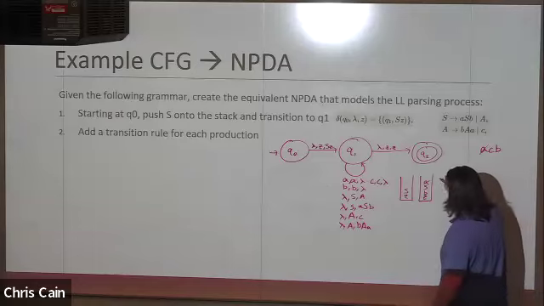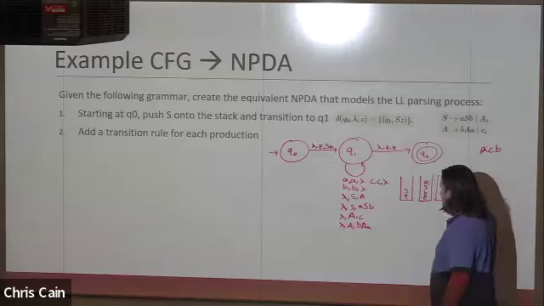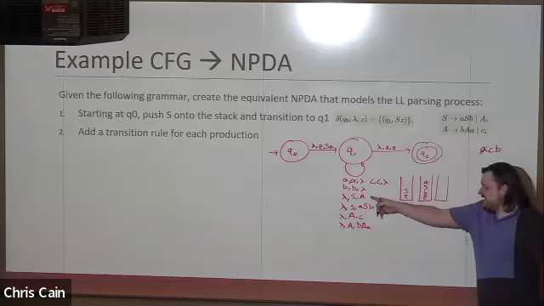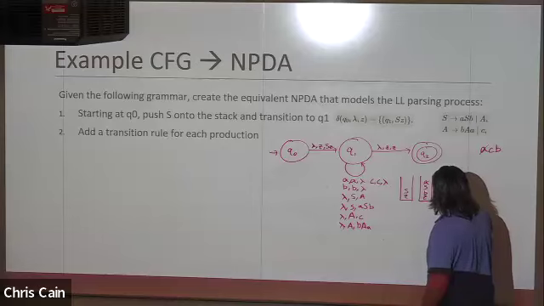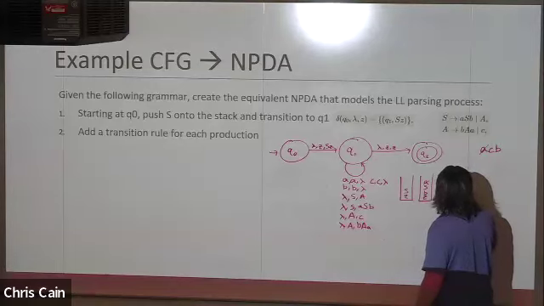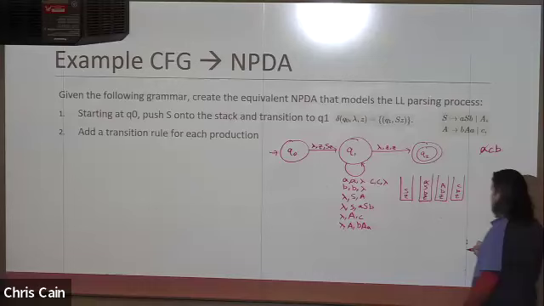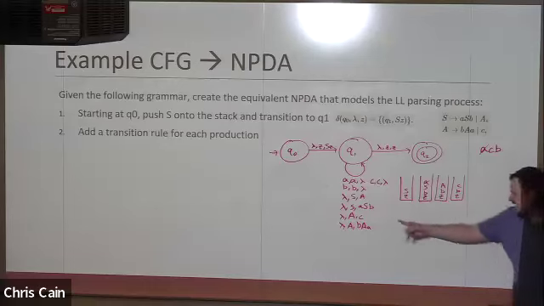With this S remaining, we can now do the S arrow A, and that eventually becomes the C via the A to C transition.